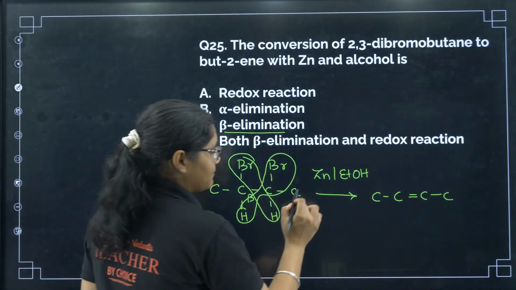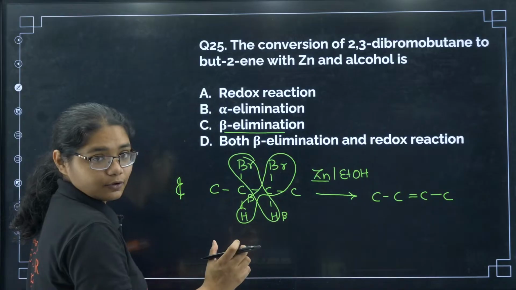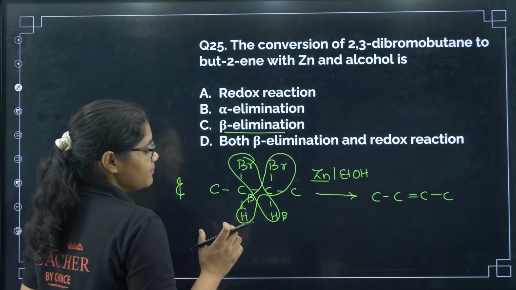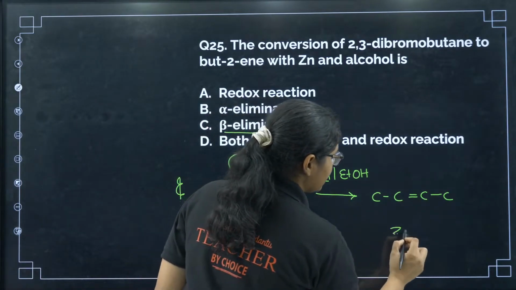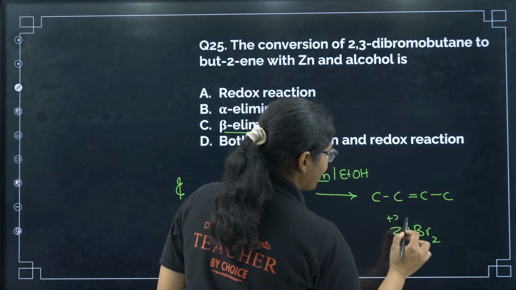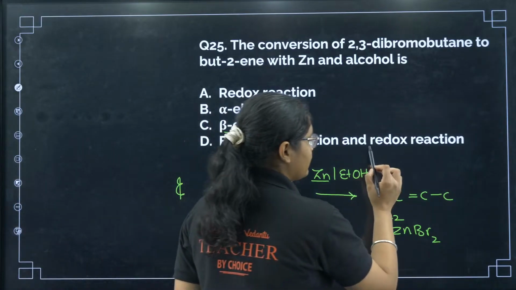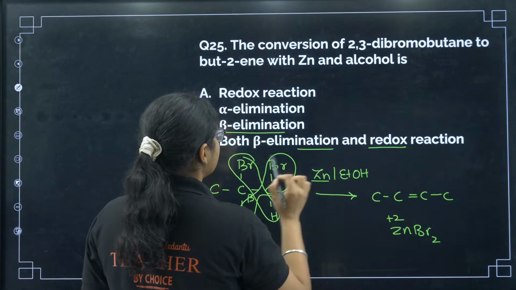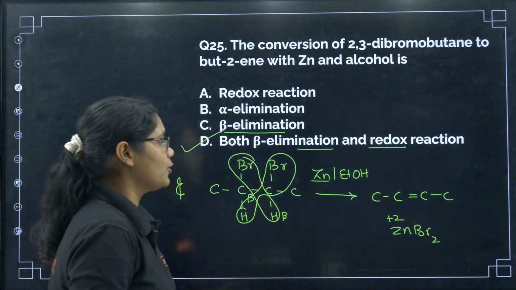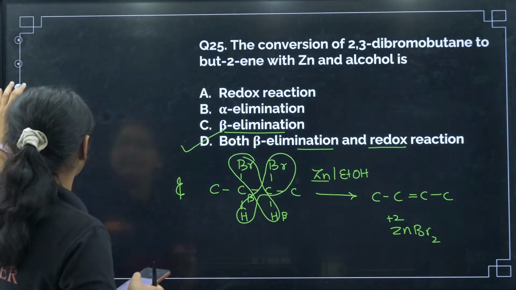And one more thing, Zn gets converted to ZnBr2, so Zn gets oxidized here, and so that is why it is also a redox reaction, it is also a beta elimination reaction. So option D.